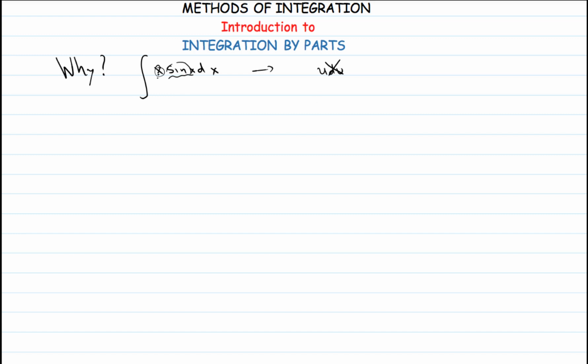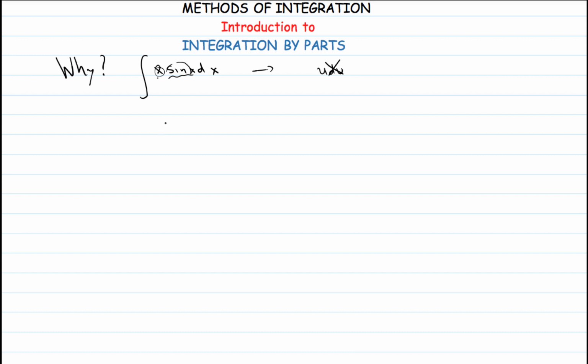Now, in such situations, there is a method that can work, and that method is called integration by parts. Whenever you see that the two functions involved have different natures, in those cases we use integration by parts.